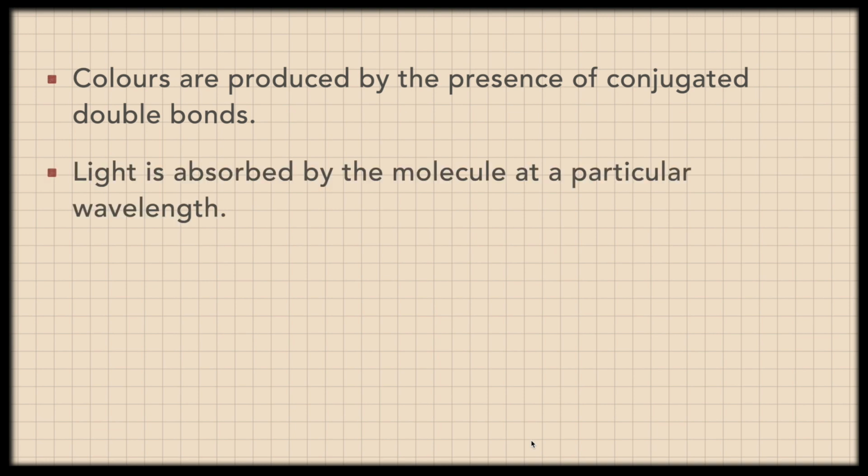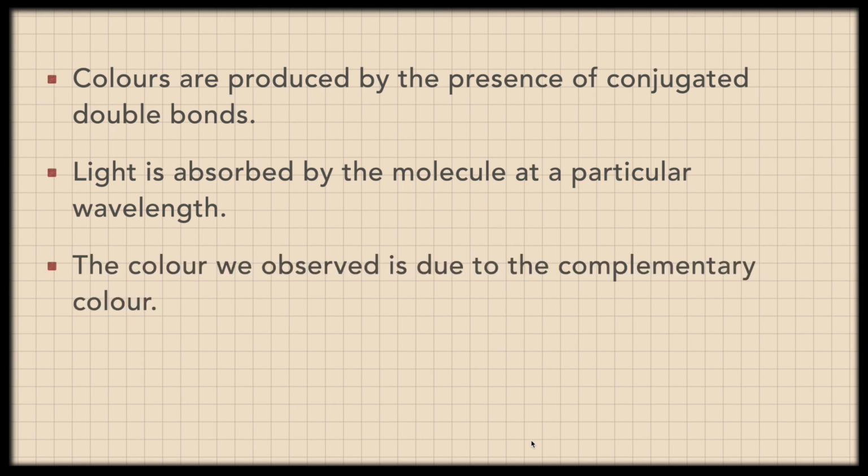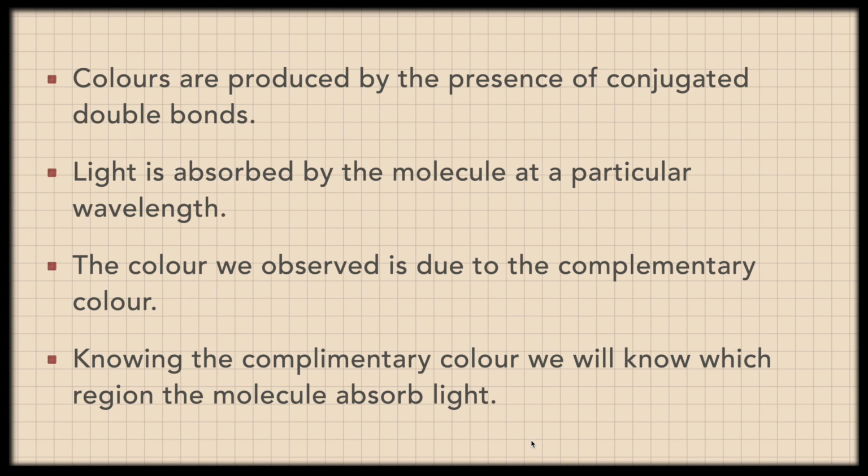Now, when a molecule absorbs light at a particular wavelength, the color produced is not the color that it absorbs. Suppose it absorbs blue light, it will not produce a blue color because that light has been absorbed. So it will produce a complementary color. Then, knowing the complementary color, we will know which region the molecule absorbed light.